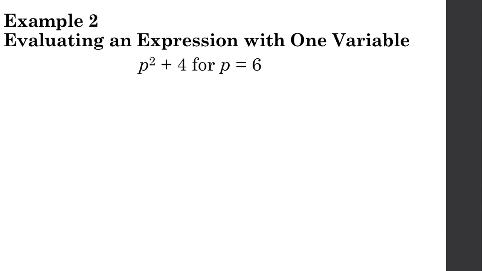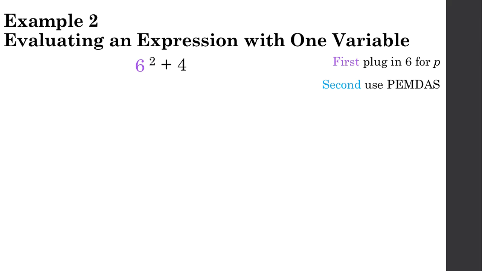This example tells us p squared plus 4 for p is equal to 6. So again, we're going to evaluate, we're going to plug in the number 6 wherever we see the variable p. And now we have a numerical expression of 6 squared plus 4. Then we use our order of operations.